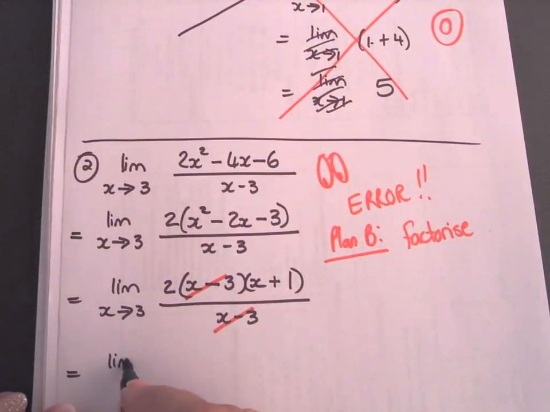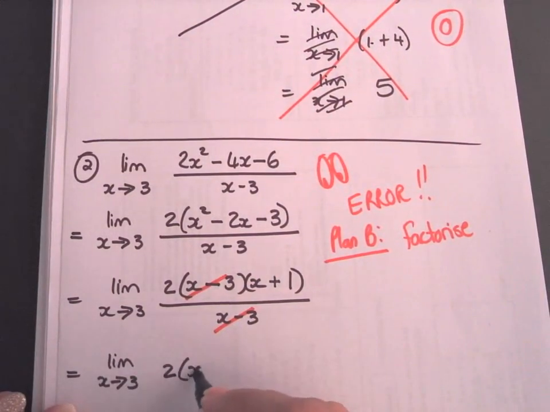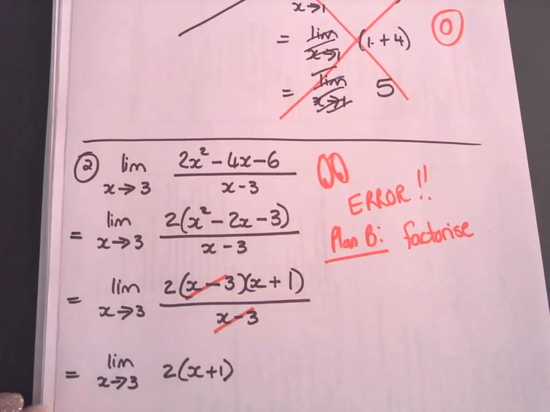Now you just rewrite the new sum with everything that's left. Look again. If I substitute the 3, will I get an error? No. So can I substitute the 3? Yes. What can I do now? Take out the notation.